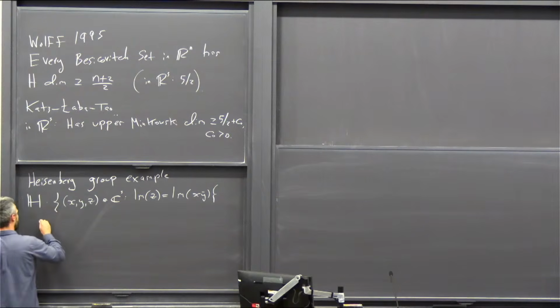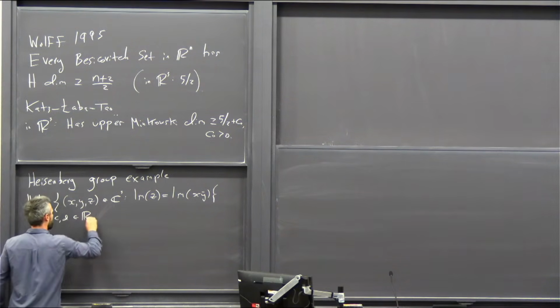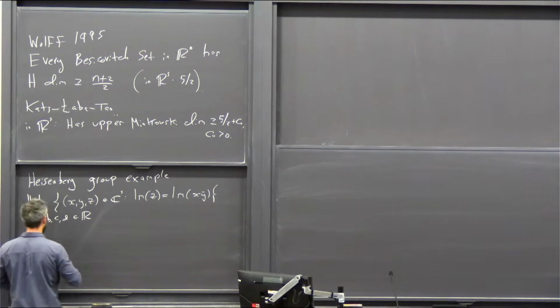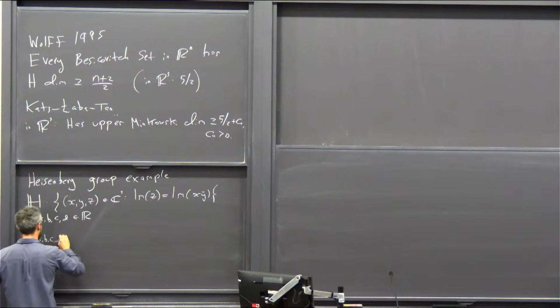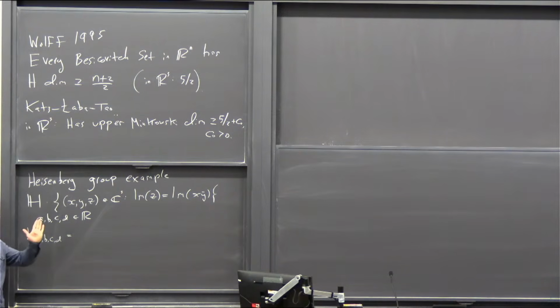So if I take real numbers a, b, c, d, then I could consider the corresponding complex line, L_{a,b,c,d}. I'm going to parameterize a line by telling you where it hits the x-axis. So that's going to be at a point 0, comma, something, something. And then I'm going to put it in point-vector notation.